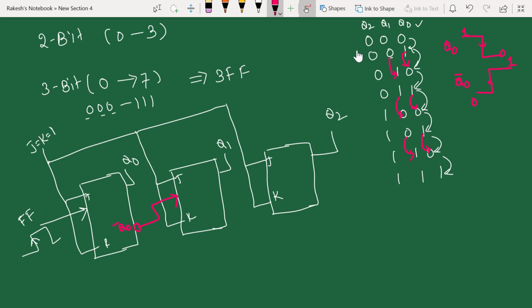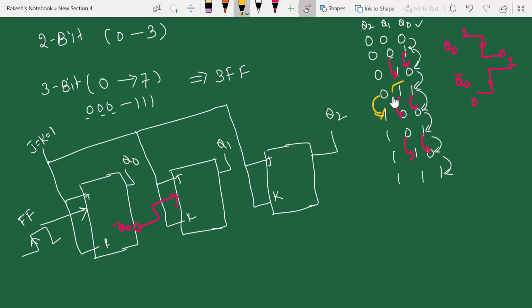Now if you look, the third flip-flop is toggling whenever your Q1 moves from 1 to 0. If you look here, that 1 to 0 happened only once.